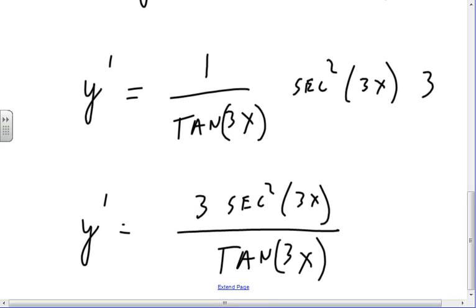I don't think you can do that though, because you can't cancel tangent and secant. They can't cancel each other out. Good try. Yeah, this is all one thing. This is all one thing. This is all one thing. Those are two different things. Nothing can be canceled out there.